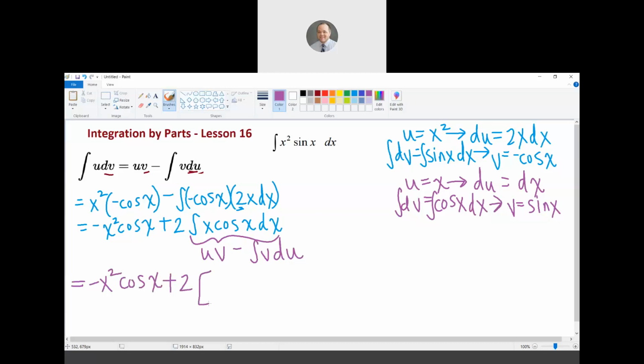Now let's use our parts formula again. U is x, v is sine x, minus the integral of v, which is sine x, and du is just plain dx.